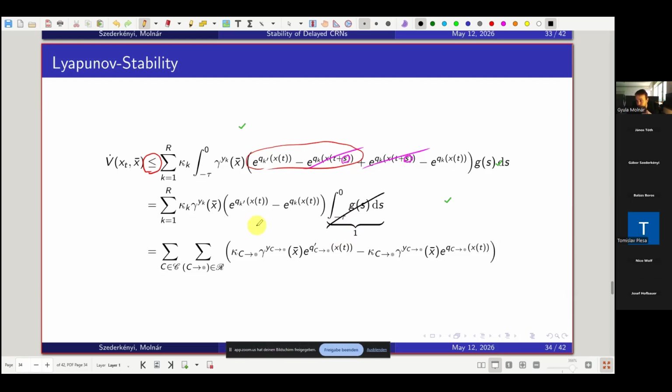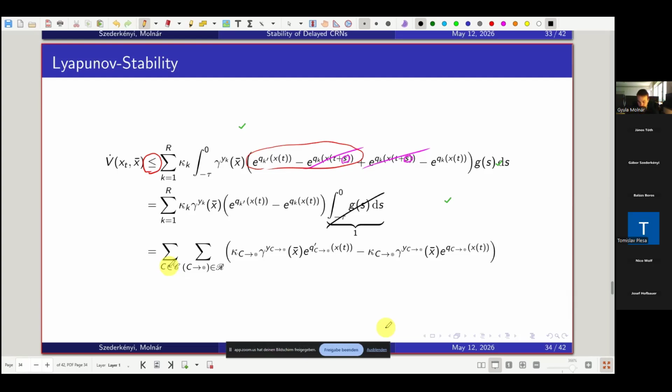And then what we do is here we have summation over all the reactions, and this is just a change of notation. We say, okay, summing over all the reactions is the same as summing over all the complexes, and for each complex we are summing over all the reactions for which that complex is the source.